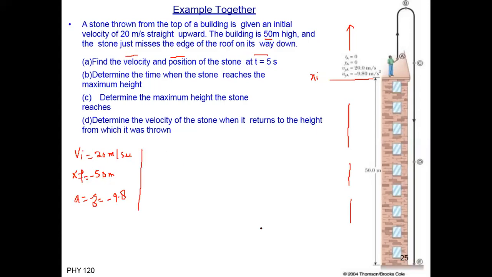We can solve by using the first equation: Vf is equal to Vi minus gt, because a is equal to minus g. So Vi minus gt, where Vi is 20 minus 9.8 multiplied by t.